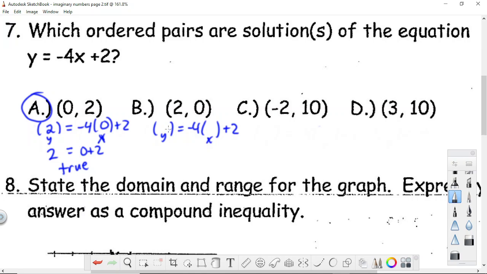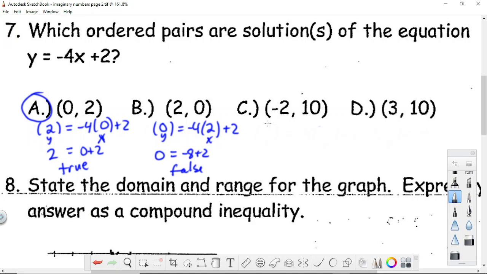And you don't have to do it exactly like this. I'm just doing it to try to cut down on errors. So our y is 0, our x is 2. And so we get 0 equals -4 times 2 is -8 plus 2. And that one's false.